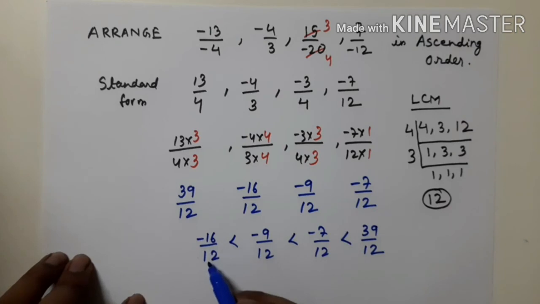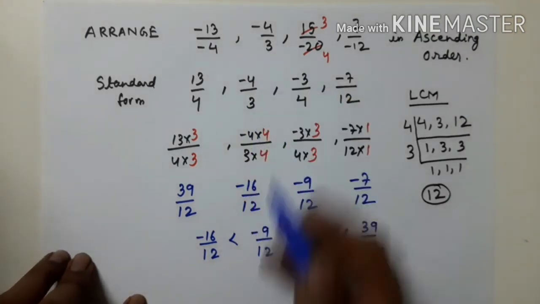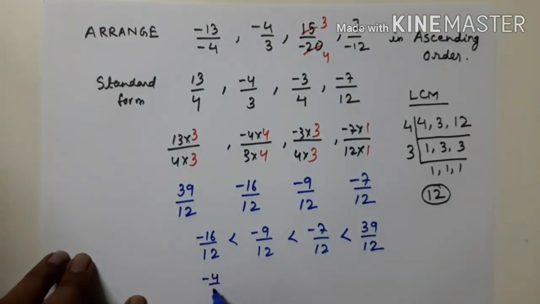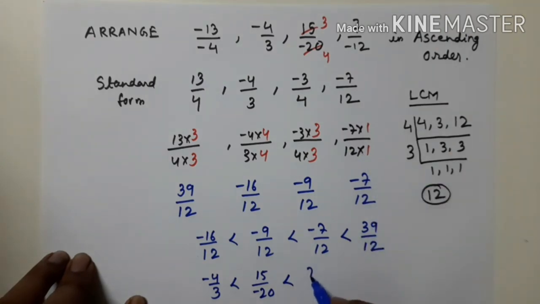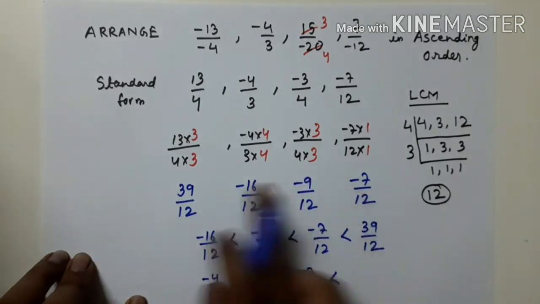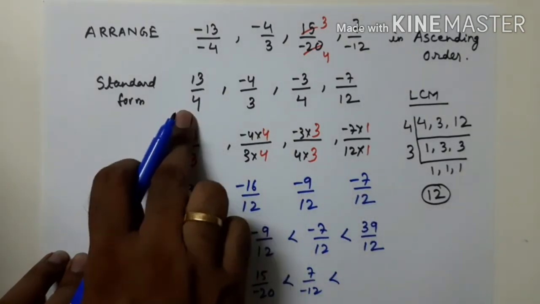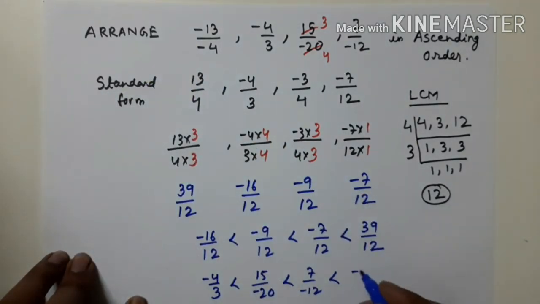So minus 16 by 12 is nothing but minus 4 by 3, minus 9 by 12 is nothing but 15 by minus 20, and minus 7 by 12 is 7 by minus 12, and 39 by 12 is 13 by 4, or we can write minus 13 by minus 4.